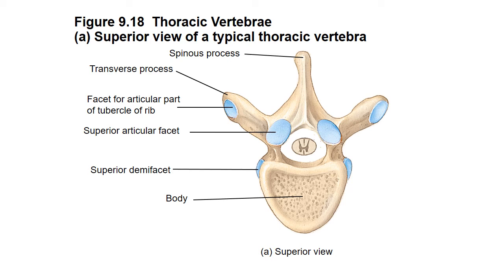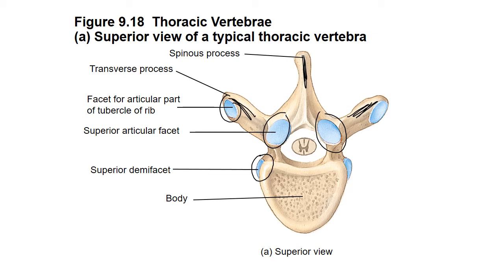So here's your thoracic vertebrae, here's your spinous process here, transverse process here, and facet for the tubercle of the rib, and demifacet for another articulation with the rib, and then your superior articular facets, which articulate with the vertebrae above this vertebrae.